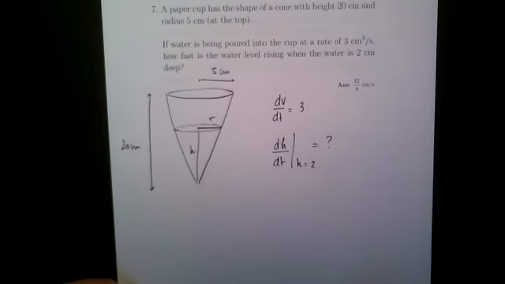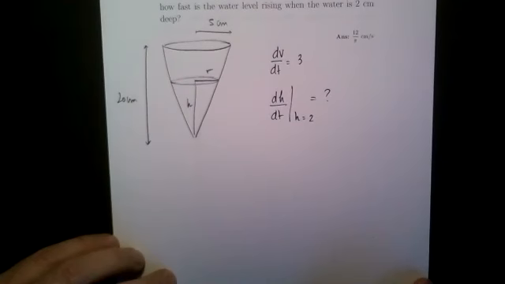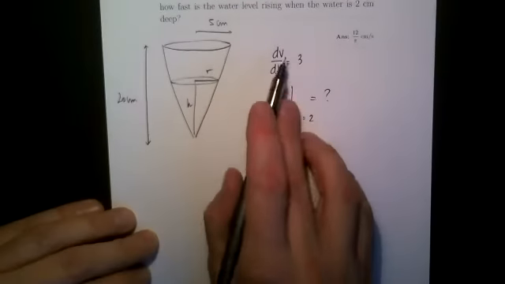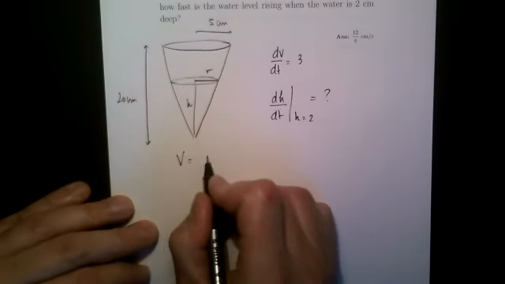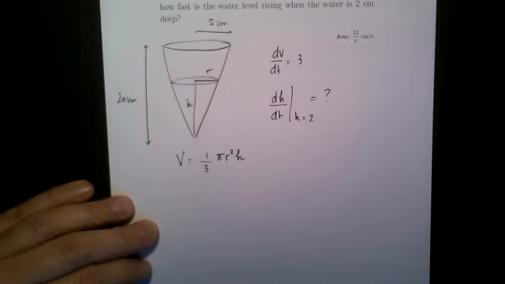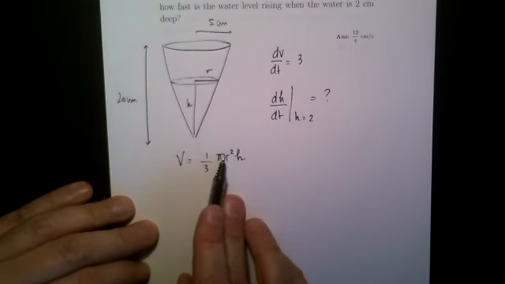Okay, that's it. I think we've done the same question. So the relation between volume and height: the volume of a cone is 1/3 pi r squared h. We need now to express everything in terms of h.